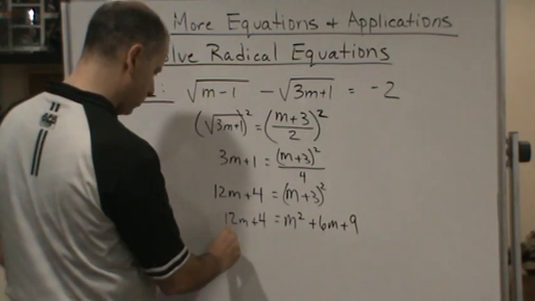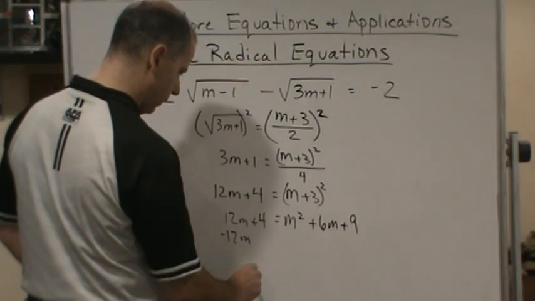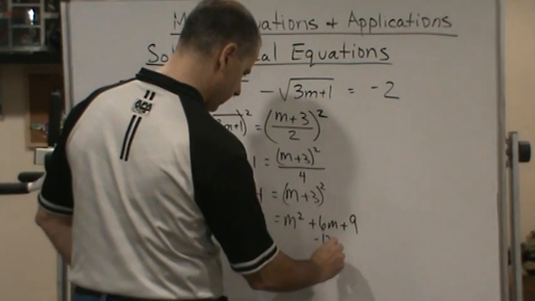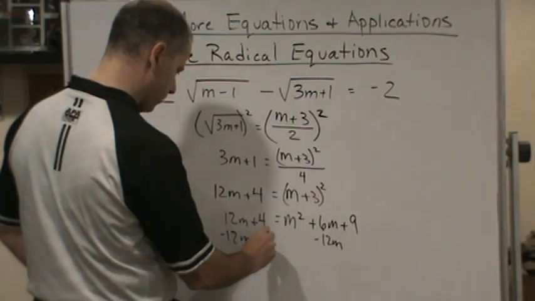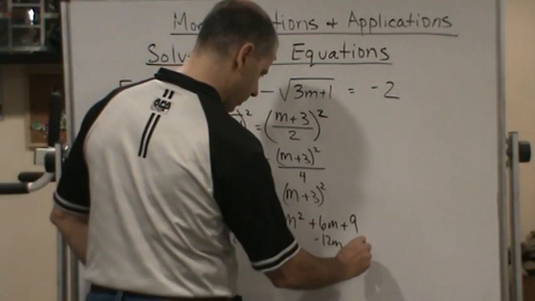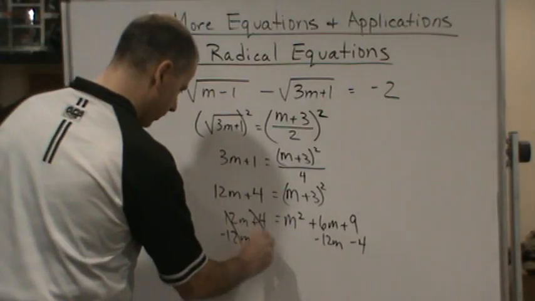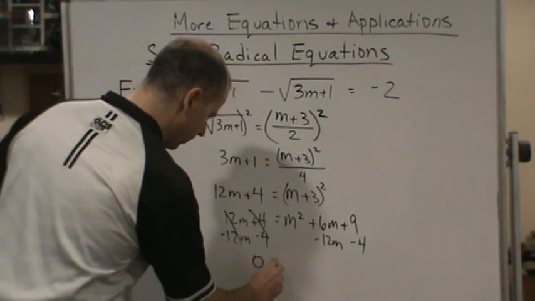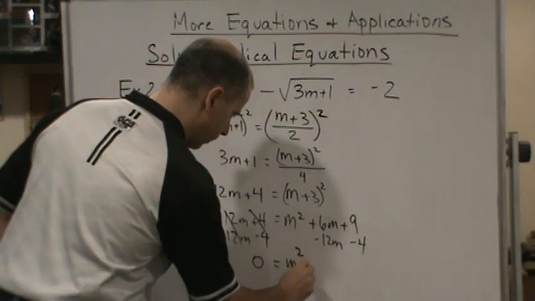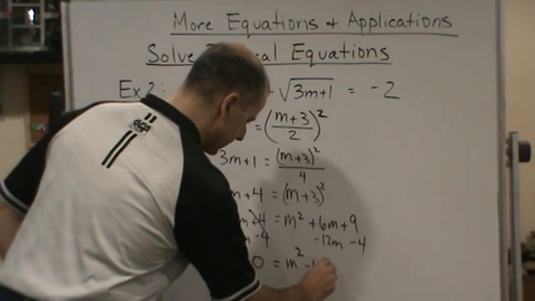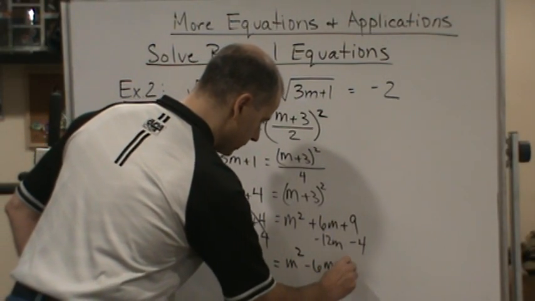And now I'm going to subtract 12m from both sides, and I'm going to subtract 4 from both sides. And these are going to go away. And so I'm going to get 0 is equal to m squared minus 6m plus 5.